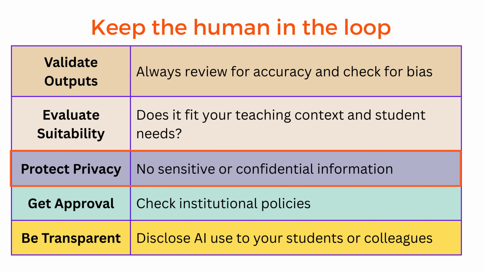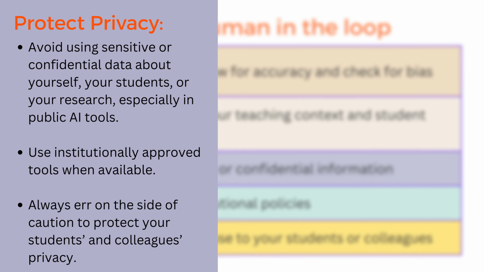Protect privacy. Be very careful about the information you put into prompts. Avoid using sensitive or confidential data about yourself, your students, or your research, especially in public AI tools. Use institutionally approved tools when available. Always err on the side of caution to protect your students' and colleagues' privacy.